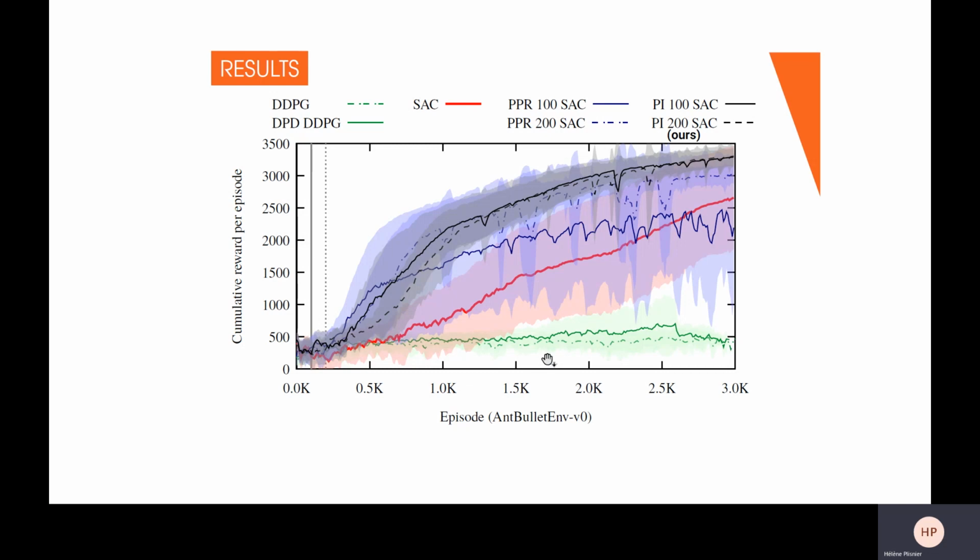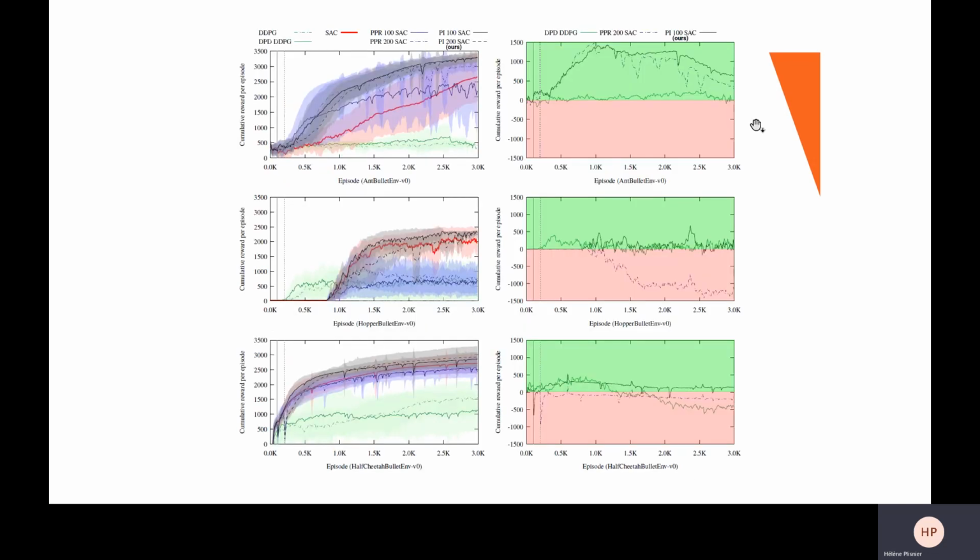But we have added some extra plots with which we can compare different extensions of baselines in a fair way. We have learning curves on the left and then these extra plots on the right that show the actual gain brought by each extension to its baseline.